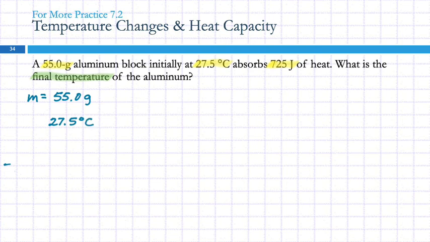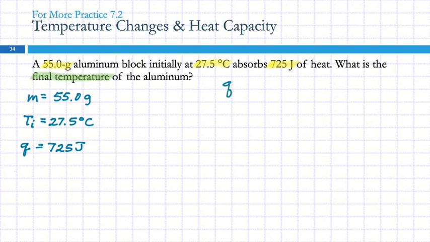So that's a temperature. Is that the initial or final? The initial. And then it says absorbs 725 joules of heat. So that's going to be Q. And is that positive or negative? It's positive because it absorbs, right? Money coming in is positive. And they're asking what's the final temperature?